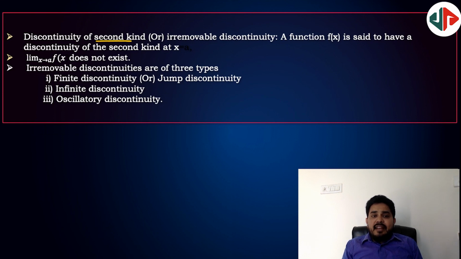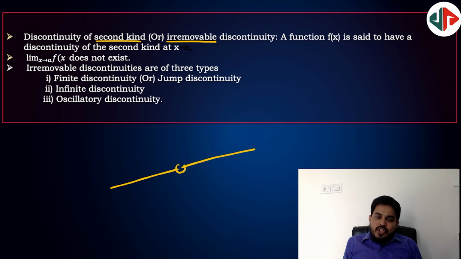The second kind are irremovable, where you cannot remove. It means if you have the continuity like this, for example, this point is missed out or defined somewhere else, we can redefine. But in irremovable discontinuity, the left limit is here, and the right limit starts from here. Can we do any adjustment here?